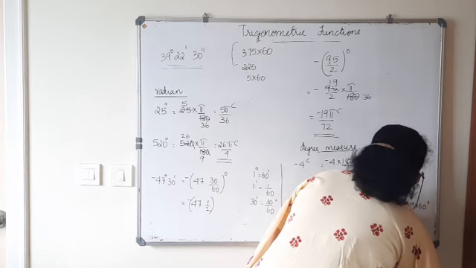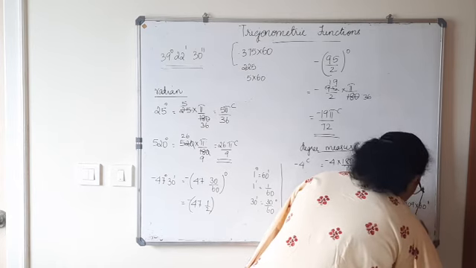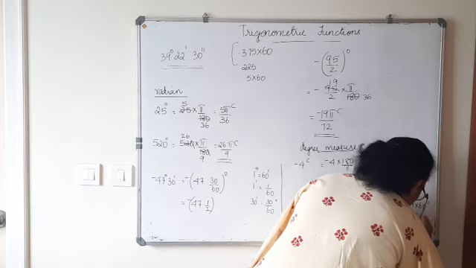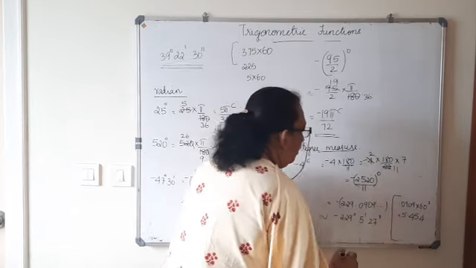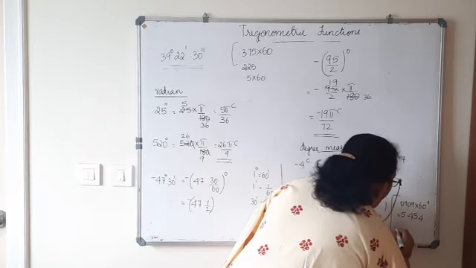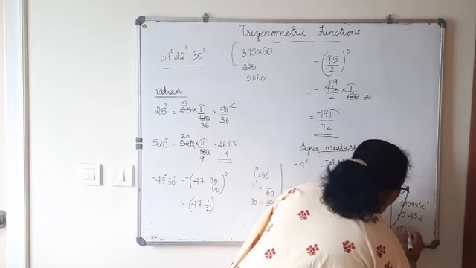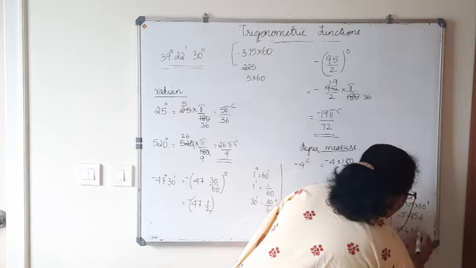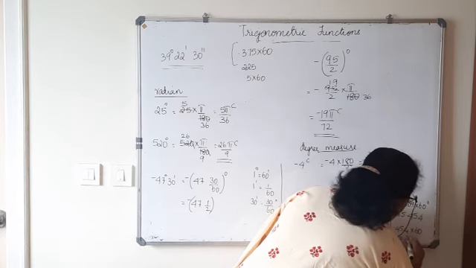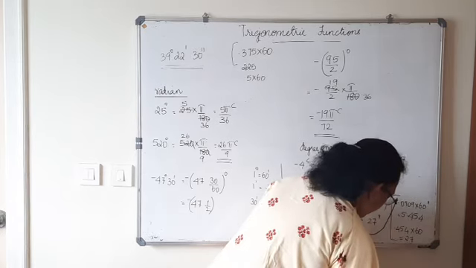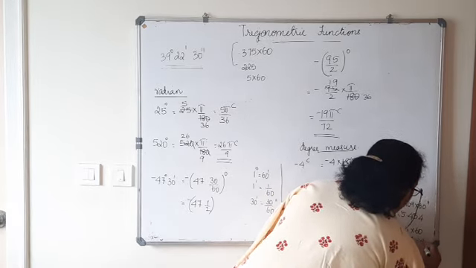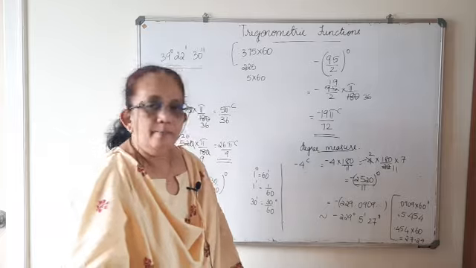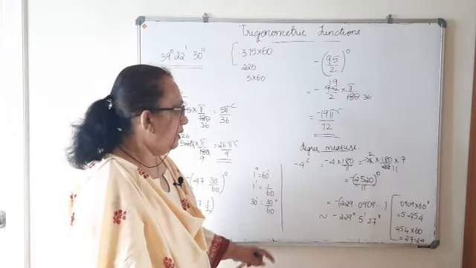So you get 5.454. Then you multiply 0.454 into 60, which is equal to 27.24. Here I am doing all the calculations with the calculator.